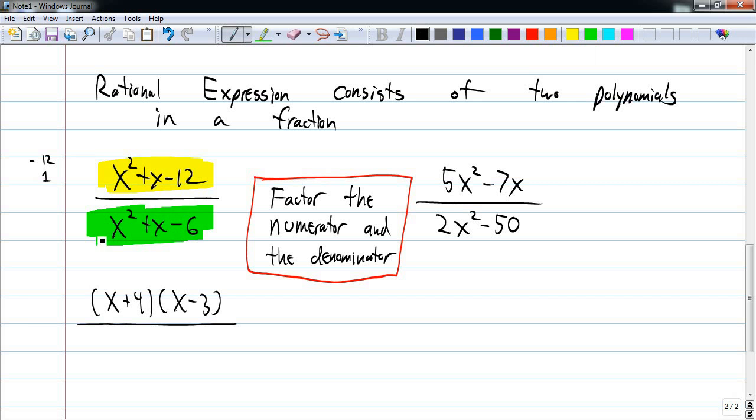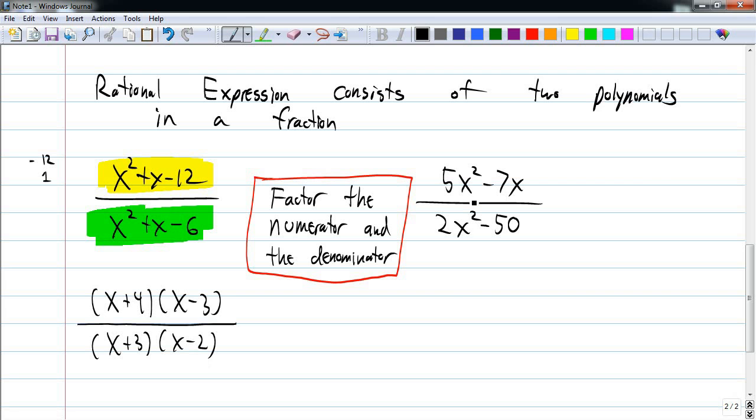Okay? And then looking at my denominator, that's going to factor into x plus 3 and x minus 2. Okay? A lot of the things that we'll learn about working with rational expressions only work once you have factored everything down as much as you can.